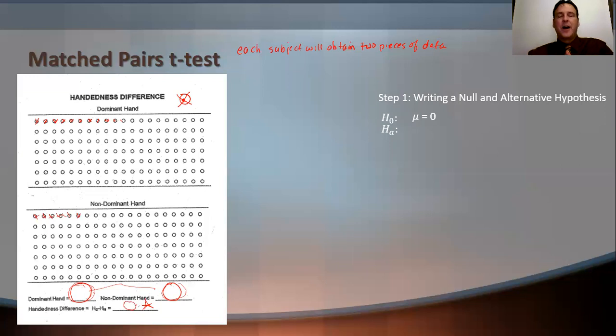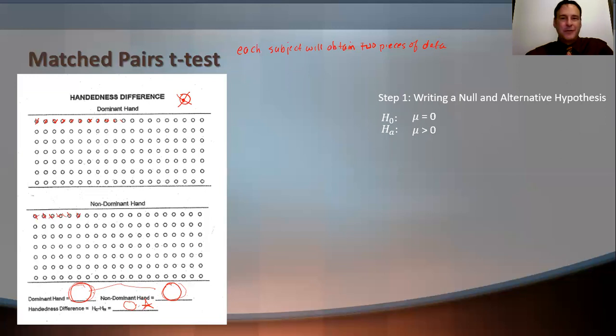Some people think that the dominant one will be more strongly represented in terms of success, which means, as you subtract these in the order that we did, you'll get some large positive number. Since we're looking in the positive direction, we'll put a greater than sign in that position.